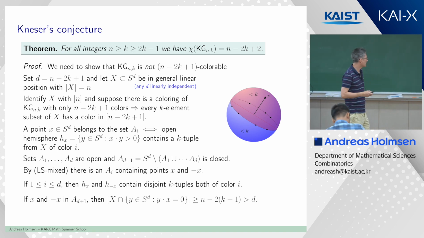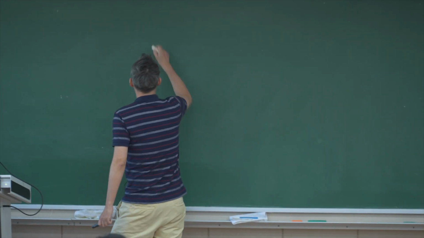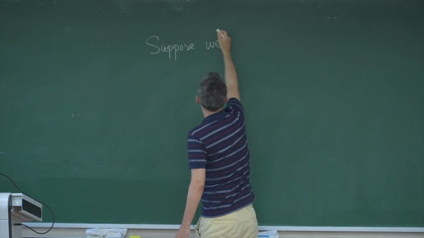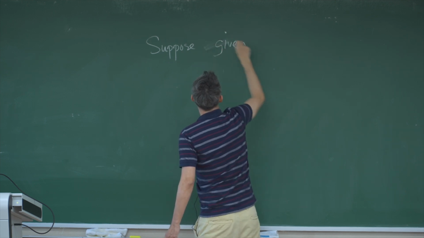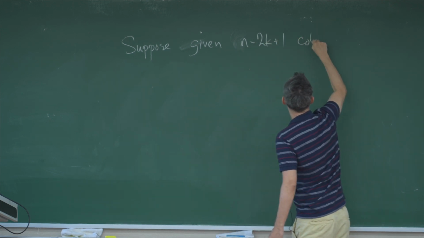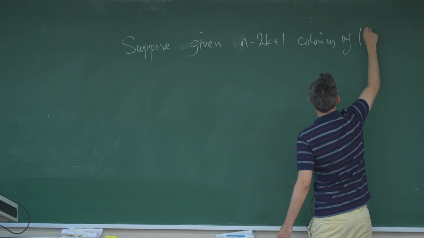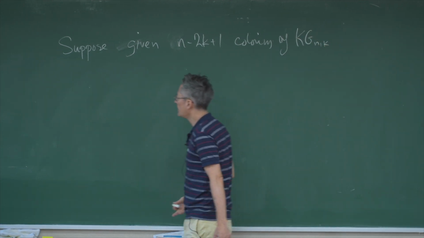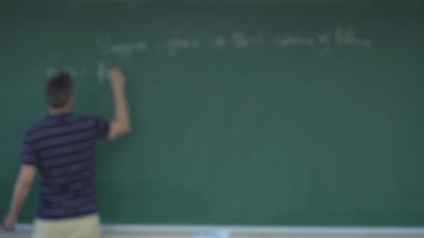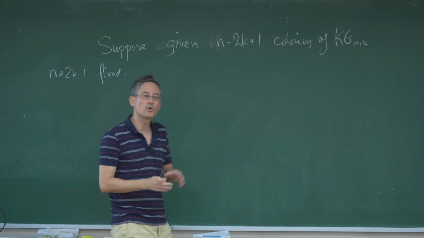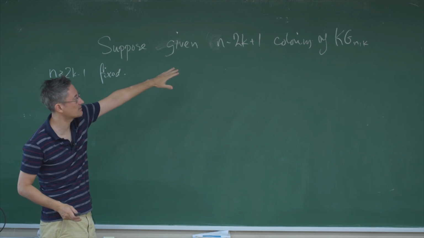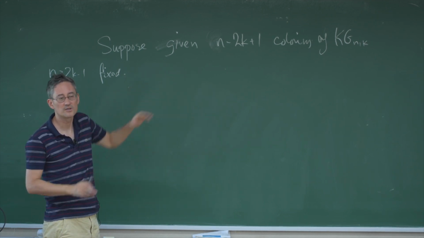So for contradiction, suppose we're given a 2n minus 2k plus 1 coloring, with n greater than 2k minus 1 fixed. For some large n and large k, suppose this theorem was false. If it's false, it means there is some coloring using this many colors. So just fix that coloring now.